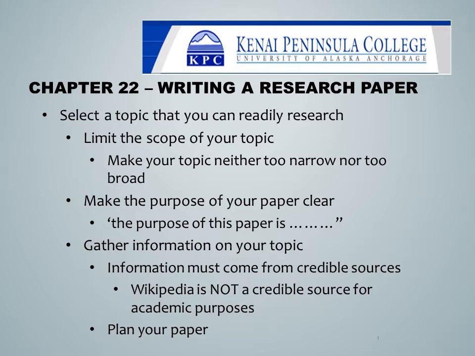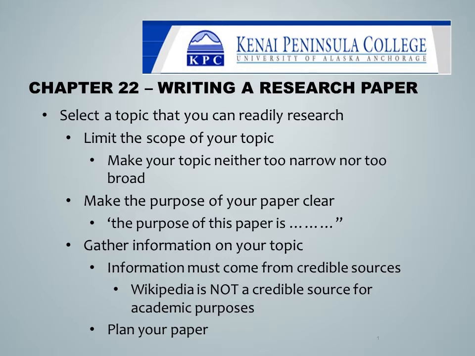So when we begin to write a research paper, we also go through these basic steps. First, select a topic that you can readily research, and then you want to limit the scope of your topic. By that we mean you want to make your topic neither too narrow nor too broad.